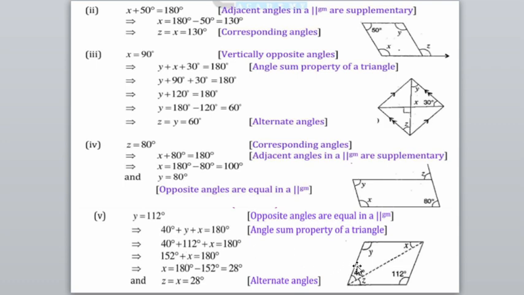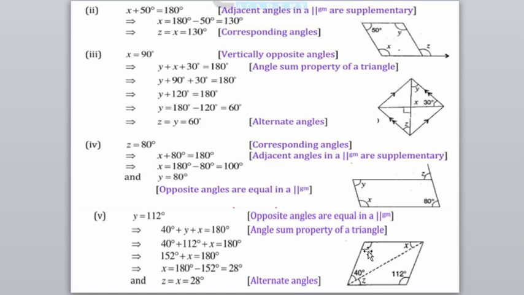Now see here, in this parallelogram a diagonal is drawn, and if this diagonal is drawn, it means this parallelogram is divided into two portions, and the first portion we can consider as a triangle, and this one is another triangle, means two triangles are formed here. So if we take one triangle, then by using the angle sum property of a triangle we can find out the unknown angle.